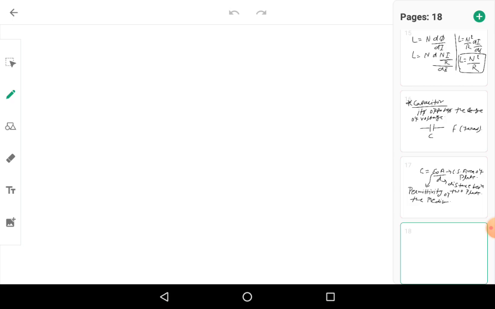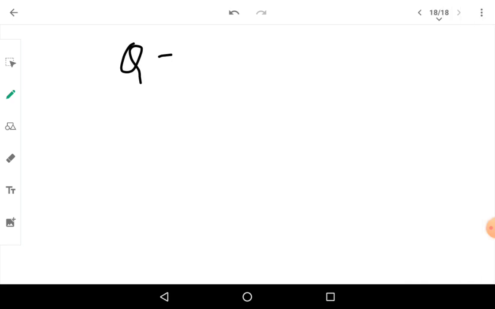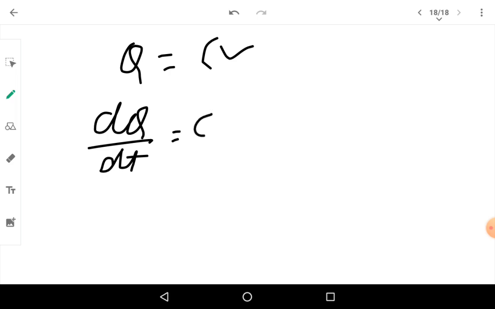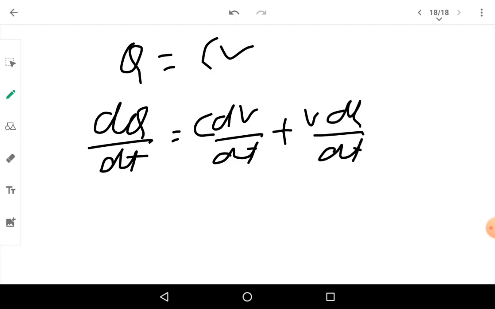Actually, we know that a capacitor has charge storage capability. So Q equals CV. If we differentiate it with respect to t on both sides, then dq upon dt equals C dv upon dt plus V dC upon dt.